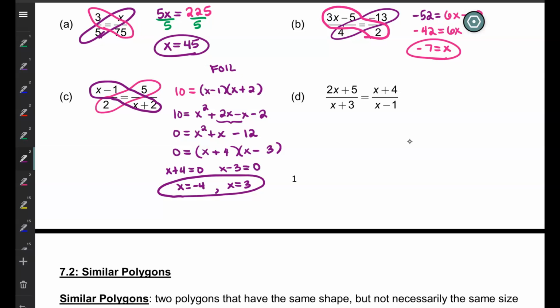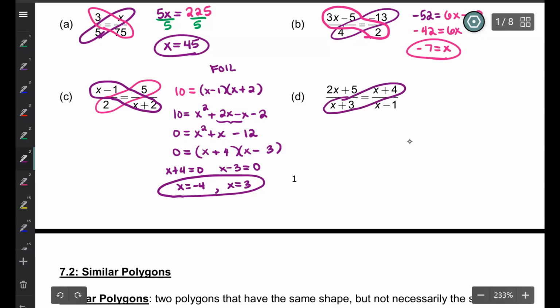All right, then we have the last one here. Looks like we have to do FOIL on both sides. So here, we'll write it down. x plus 3 times x plus 4. That's got to be equal to 2x plus 5 times x minus 1.